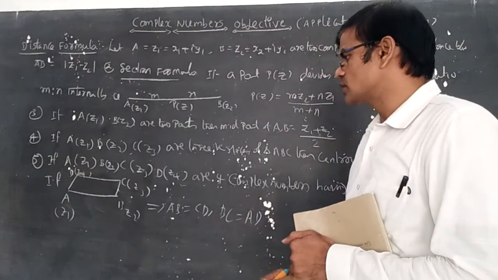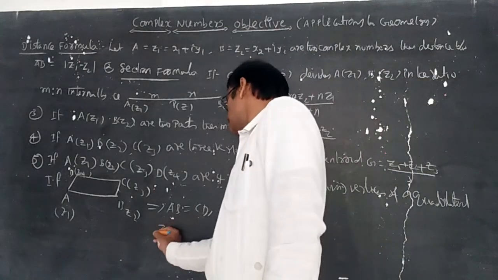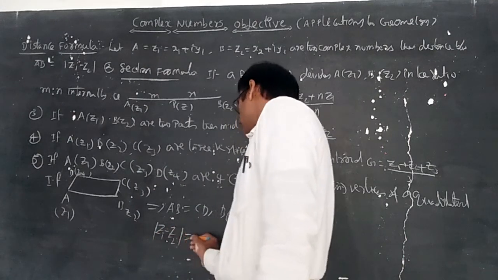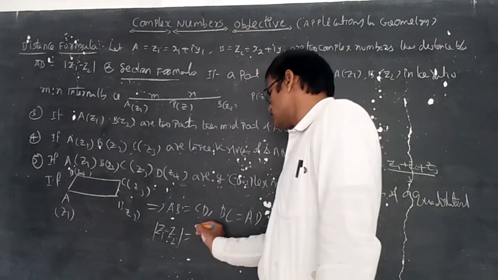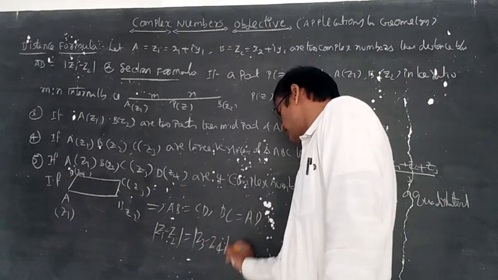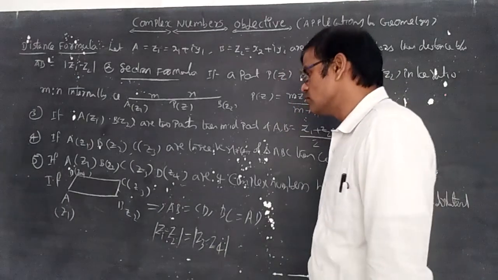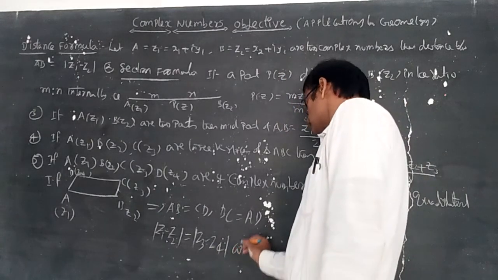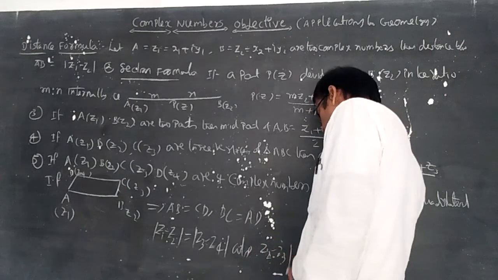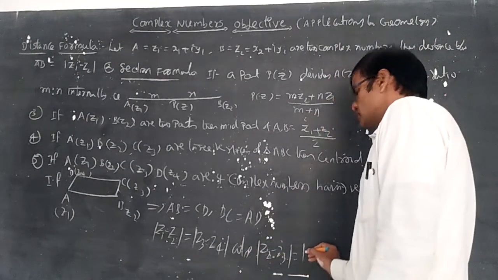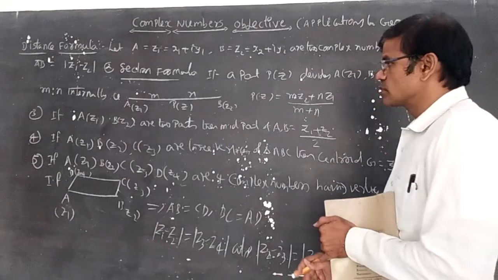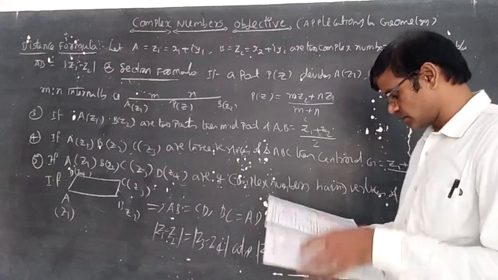So what is AB here? The distance AB is the modulus of Z1 minus Z2, which is equal to CD, meaning the modulus of Z3 minus Z4. Also BC, the modulus of Z2 minus Z3, is equal to the modulus of Z1 minus Z4. This is the concept of the parallelogram.